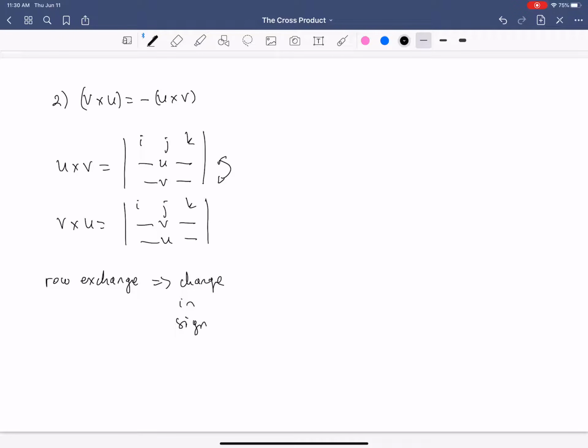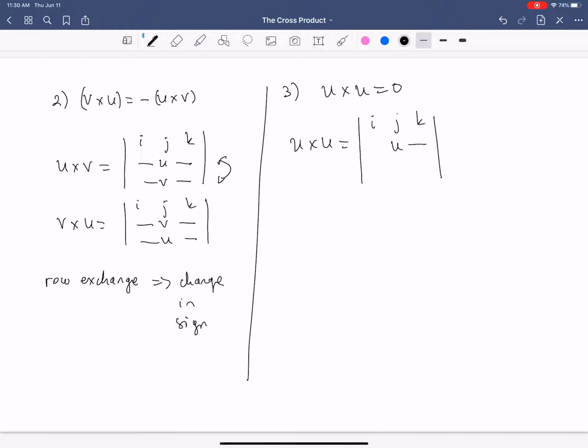The cross product has a few other properties. Another property that's easy to see from determinants is that the cross product of any vector with itself is 0. So that means u cross u is 0. How do we see that? Just from the definition. U cross u, if it is interpreted as a determinant, then you have u in the second row and u in the third row.